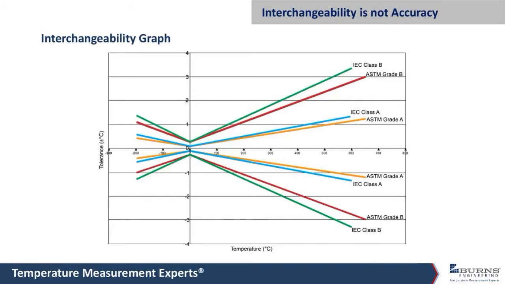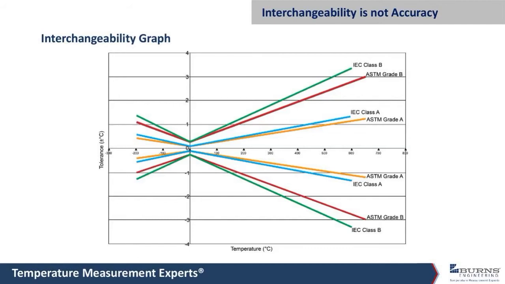A class A or grade A sensor has a tighter tolerance at 0. Class B has a wider one. In addition, there's a little bit of difference between the two standards. You'll see that the IEC has a wider tolerance band as you go away from 0.